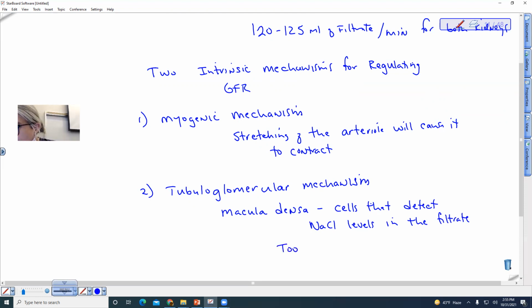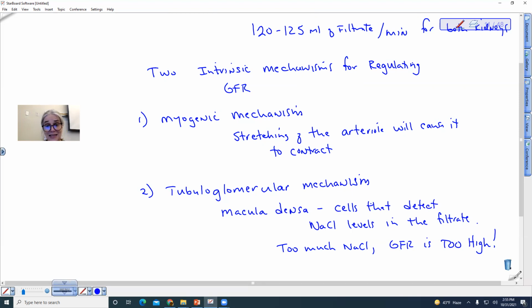So too much NaCl means GFR is too high. We want the filtration rate not to be so high that the nephrons don't have time to figure out what it is that they want to take out of the filtrate.